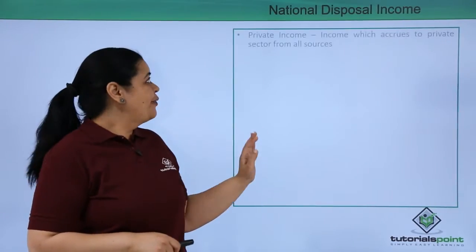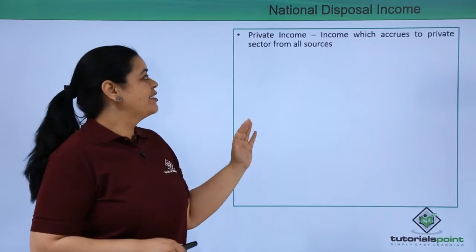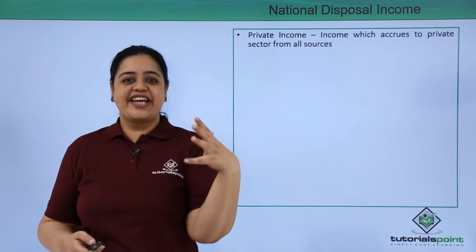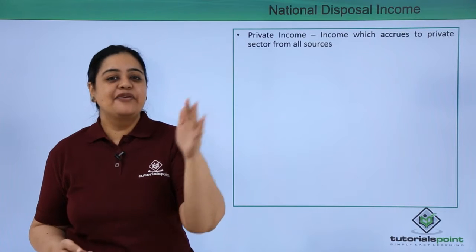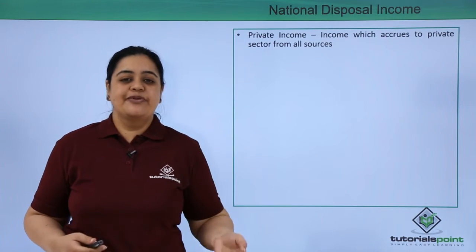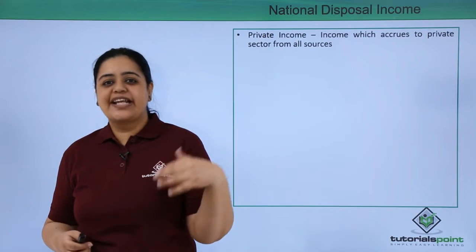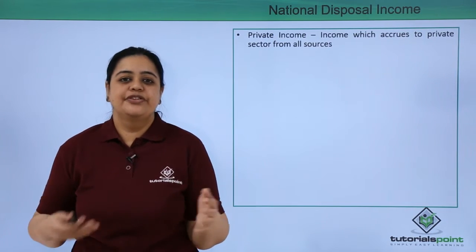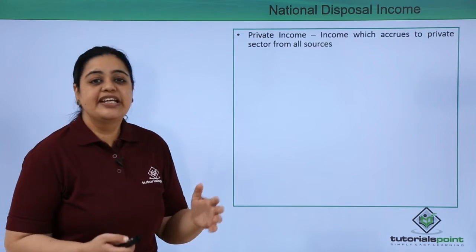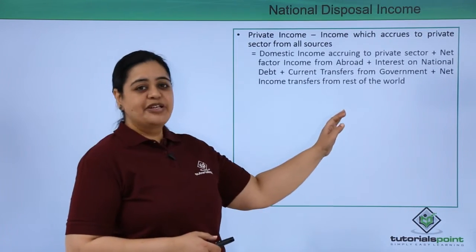Remember, private income is nothing but your income which accrues to the private sector from all the sources. If I have to see, as a government, how the private sector is performing, what is their income, should we provide more subsidies or more help, or should we tax them to generate growth activities, then private income would be calculated. Now what is the formula for that?